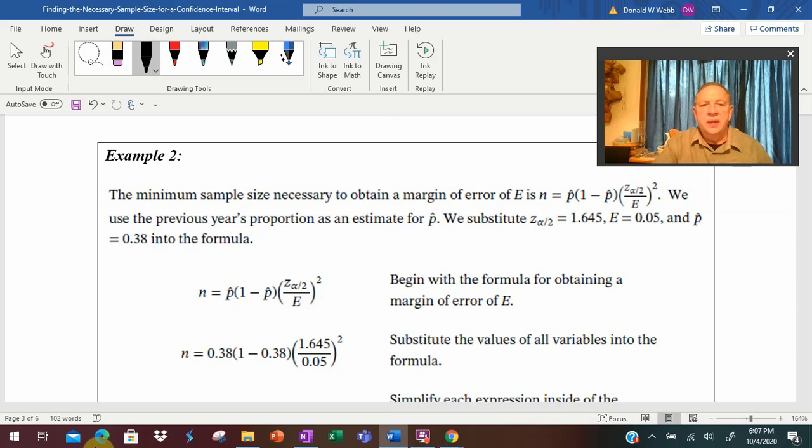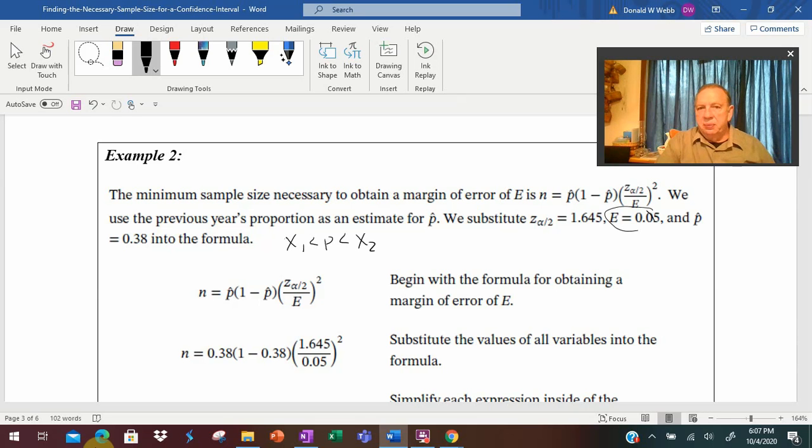Again, I want my interval to be x1 less than p less than x2. So my population proportion is in there, between a minus and plus e that we're given, that 0.05.